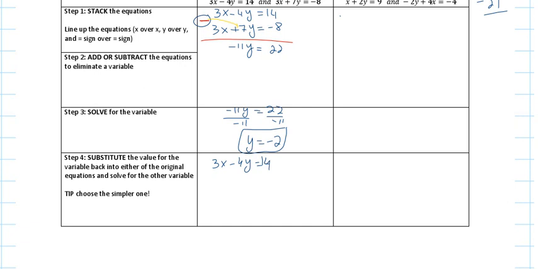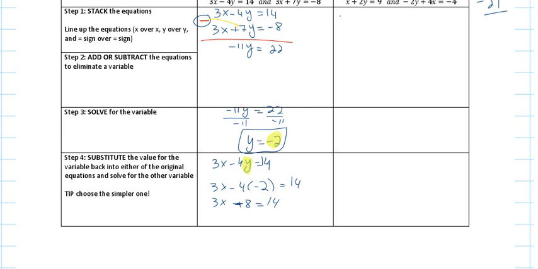All I have to do is replace y, which is negative 2, right? I replace that y with a negative 2. So I have 3x. What's negative 2 times negative 4? Positive 8. So I have 3x plus 8 equals 14.